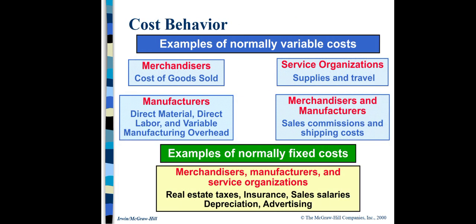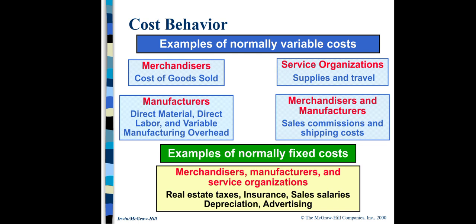Okay, next. This is the cost behavior. The example for normally variable cost for the merchandiser, perusahaan dagang maksudnya di sini, the example of the variable cost is cost of goods sold.